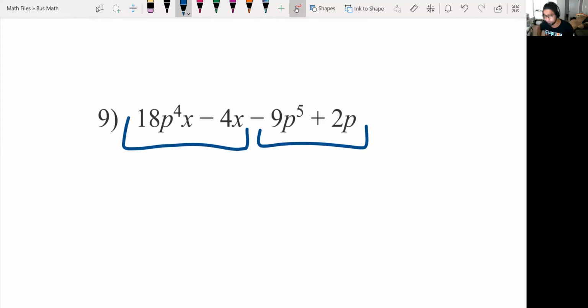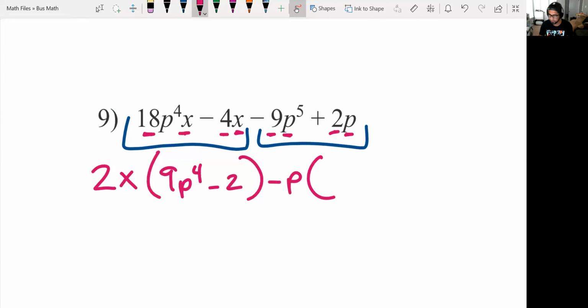P to the 5th and P, we got something going on. P to the 5th and P, whenever factoring variables, you factor out the lowest power. So the only thing we can take out of here is a P. But I'm going to take out a negative P. And there's always a reason for this, because if I take out a negative P, it's going to change the signs of these two terms.